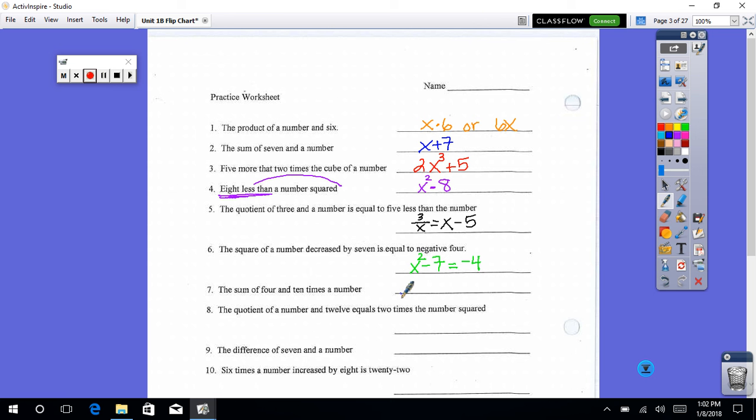Okay, the sum of 4 and 10 times a number. Okay, sum again means to add. 4 and 10 times a number.